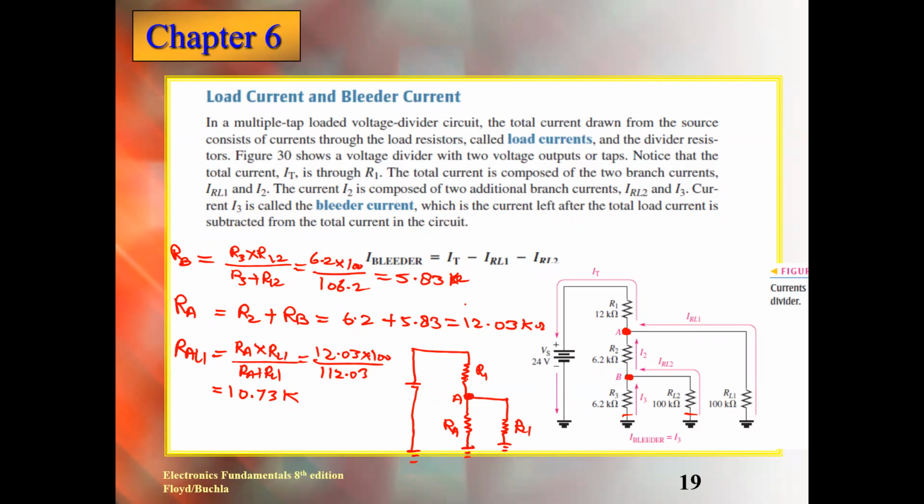What do we have to do next? R1 with the combination. Yes, in order to calculate the total current, we can do this. So we can now calculate R total, which is R1 plus RAL1. Do you agree with this point?